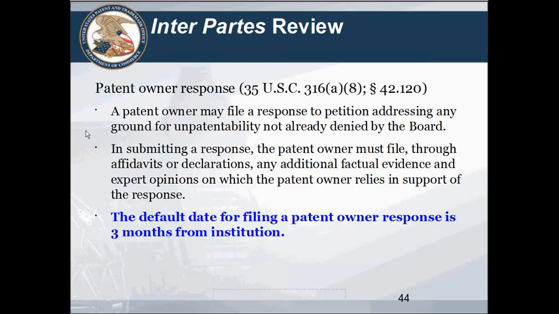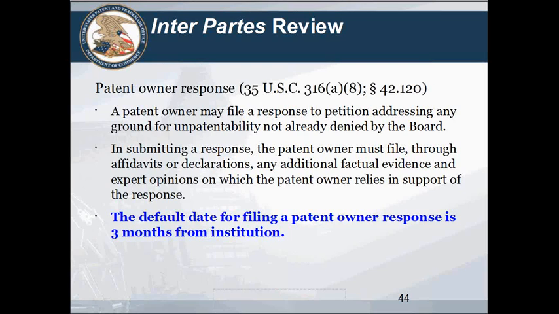So this response, as you remember from the timeline I showed you earlier, usually will be due within 3 months of institution. A time other than that may be set by the judge or modified as circumstances may warrant, and this would be something to discuss at the conference call. As I said before, a scheduling order will go out when we institute. It's likely that a party is going to realize right away that there's an issue with the scheduling order.